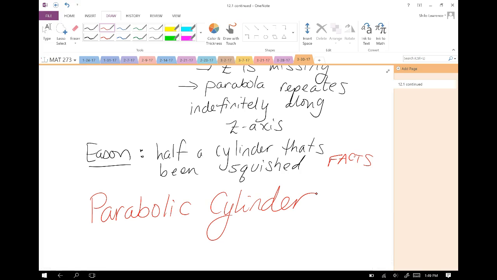It is a cylinder that is generated out of a parabola. So we've identified the surface. That was one of the things we were asked to do in the instructions, identify the surface.